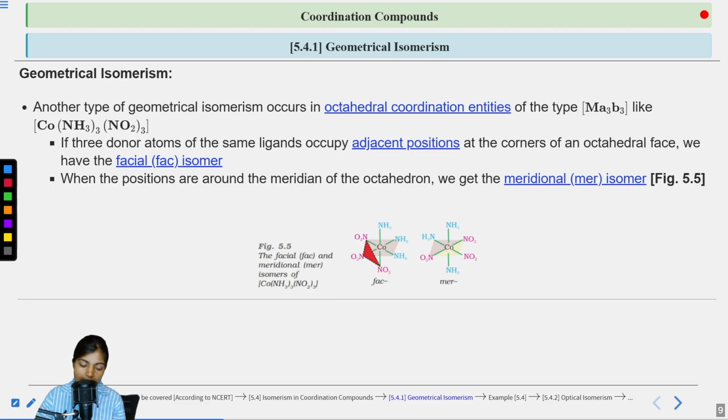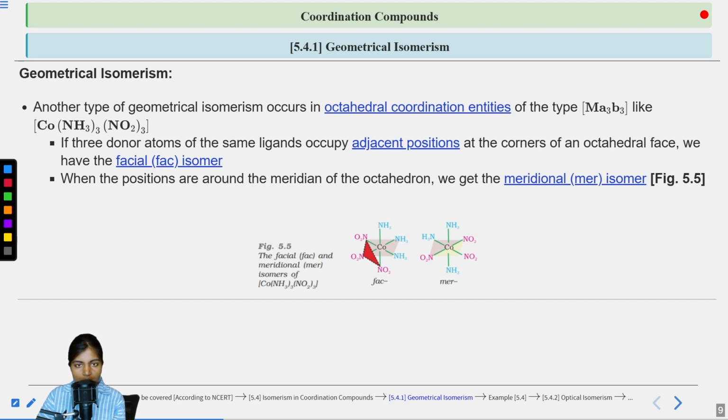Okay, so imagine the 3D structure, then you can understand the facial isomer and the meridional isomer better. If you are placing the three donor atoms of the same ligand at the corners of the octahedral face, this brownish color is a plane lying horizontally in the XY plane, let's say, and this NH3 and the NO2 downwards are lying on the Z axis.